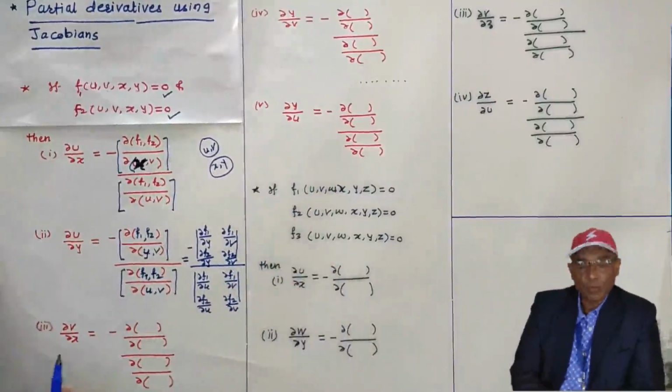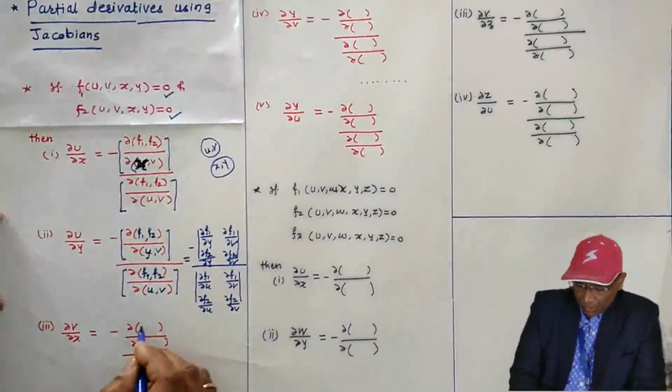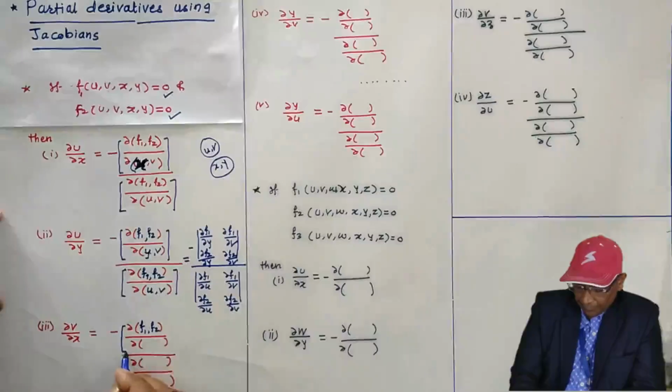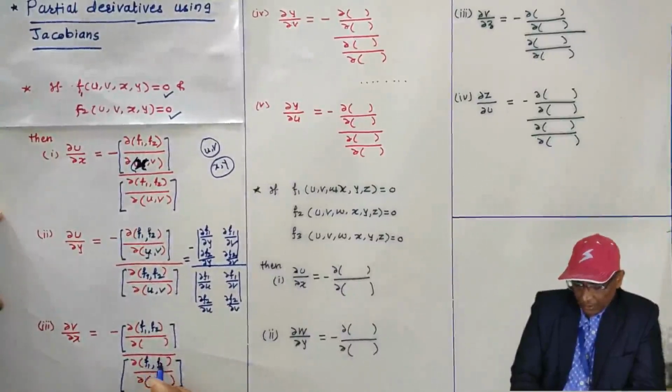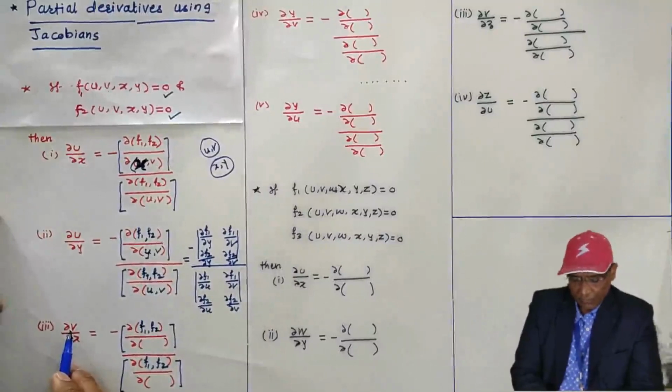Now the next formula for partial derivative I am writing, del v by del x. Numerator Jacobian and denominator Jacobian, f1, f2. In the numerator of the partial derivative, v is present.